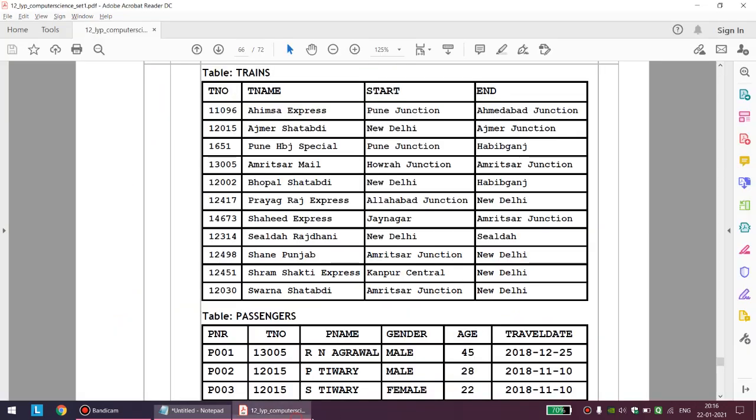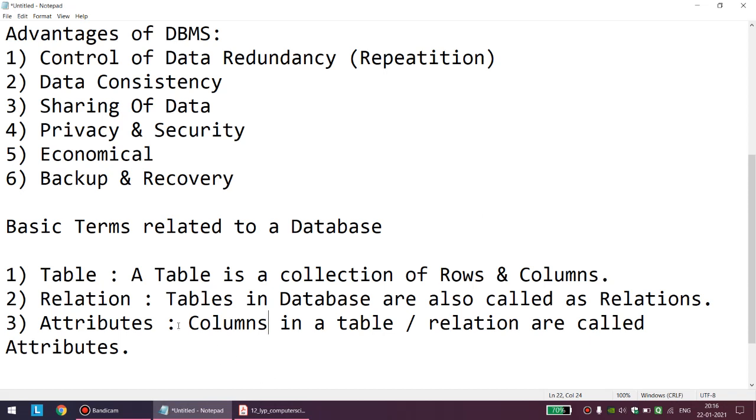I again repeat the words. Here we have columns: TNO, TNAME, start, end. These are the columns, correct? And these are the rows, which I am not reading. We just calculated a few moments back that we have 11 rows, correct? So the generalized name for a column is attribute.